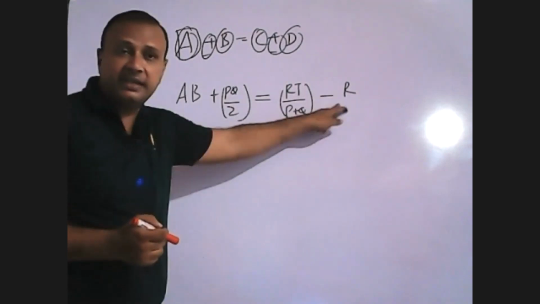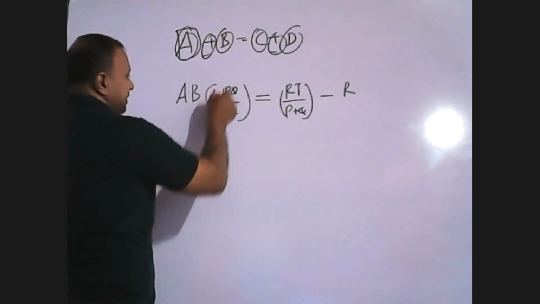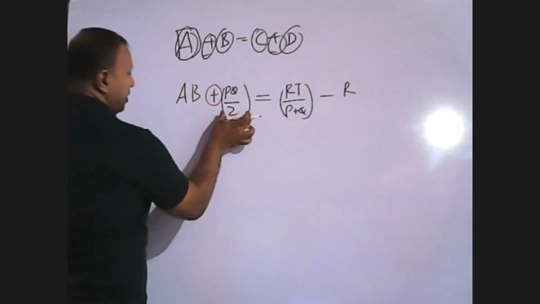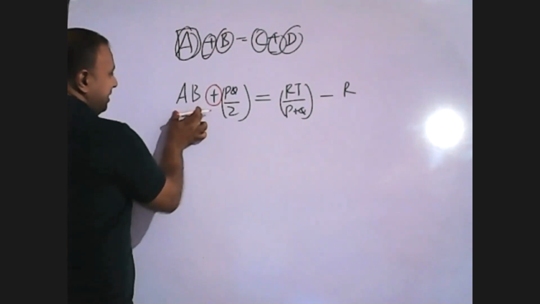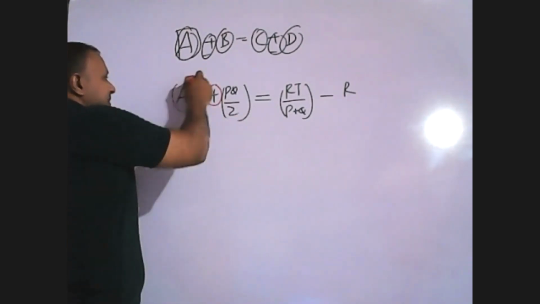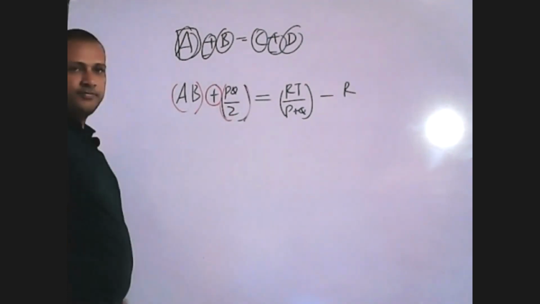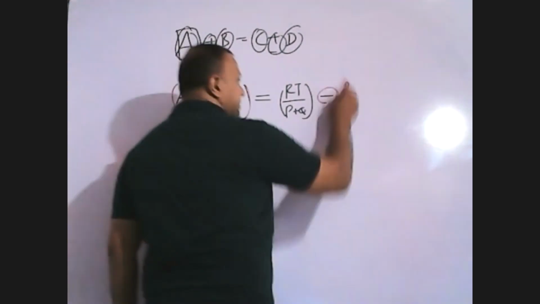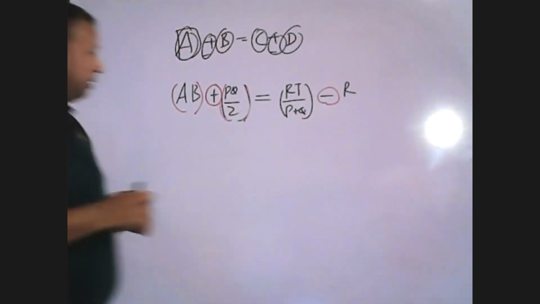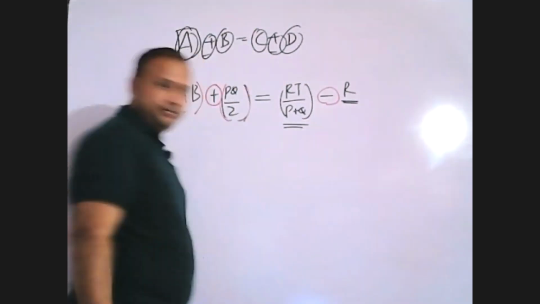Accordingly, this plus sign belongs to this thing and this thing. So this is a term, this is a term. This minus sign belongs to this part and this part.